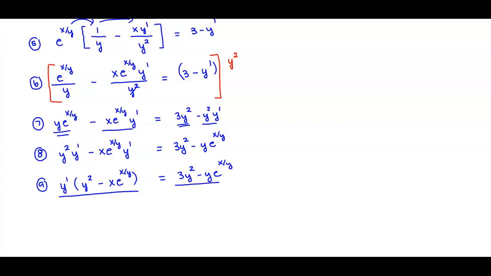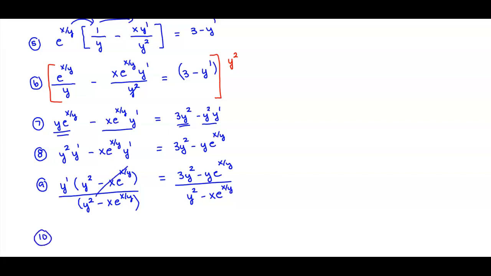And then we're going to divide both sides by y squared minus x e to the x over y.